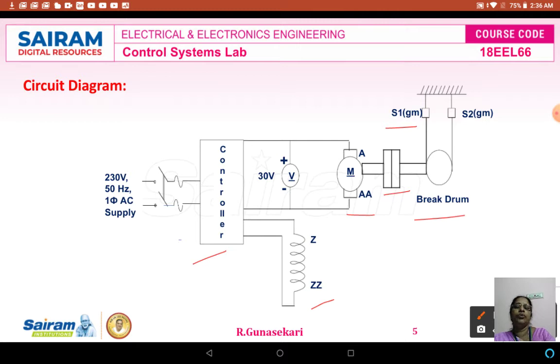The 30 volt DC meter is connected across the motor. 230 volt 50 hertz single phase AC supply is given to the controller. The controller converts AC into DC. The DC supply is applied to the DC servo motor.